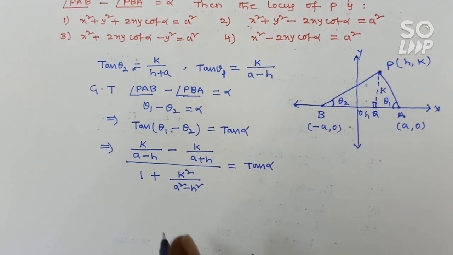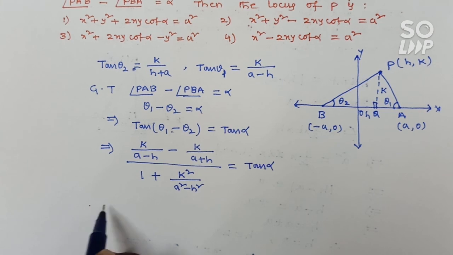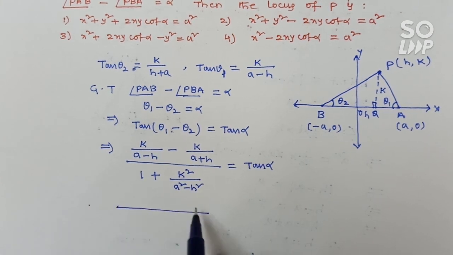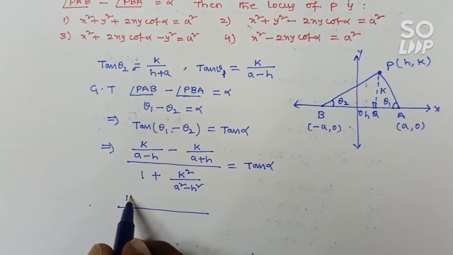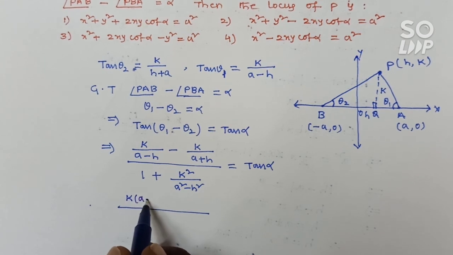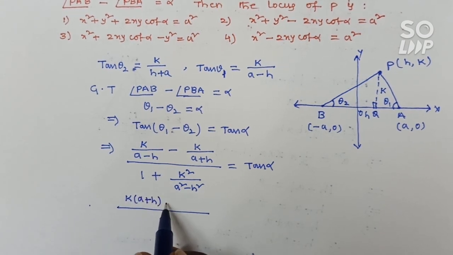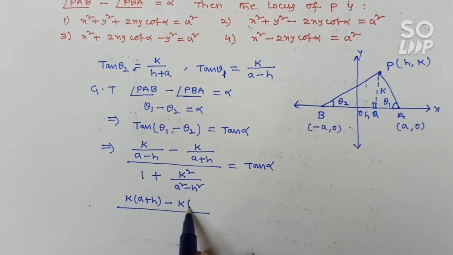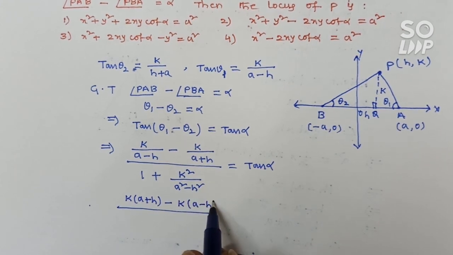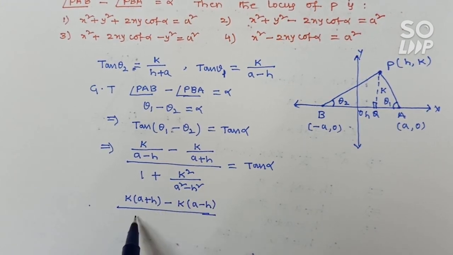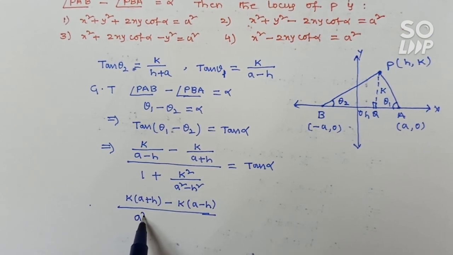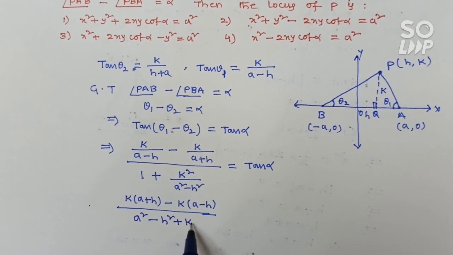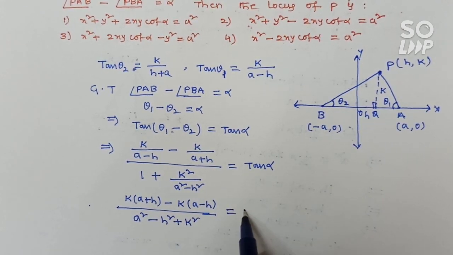Now you simplify this. In the numerator, K into A plus H minus K into A minus H. The LCM will be cancelled in numerator and denominator. And the denominator is A square minus H square plus K square, is equal to tan alpha.